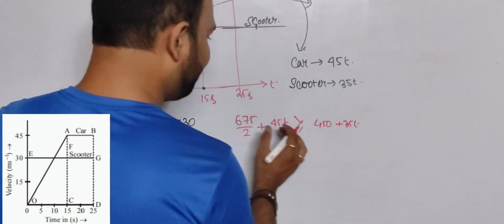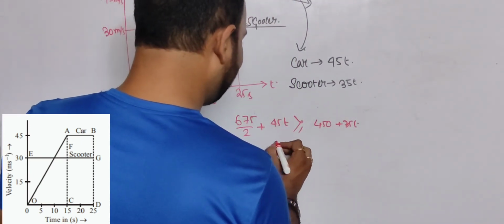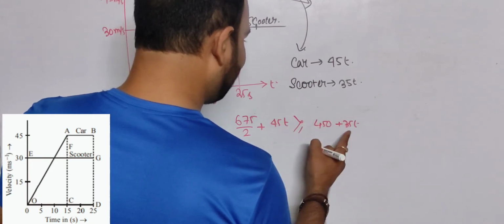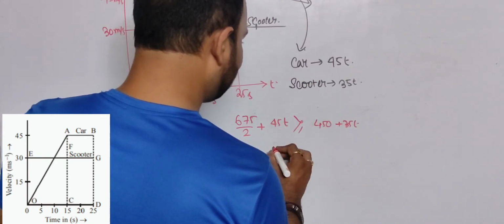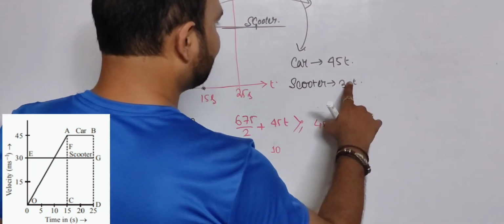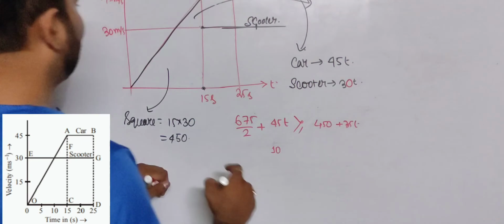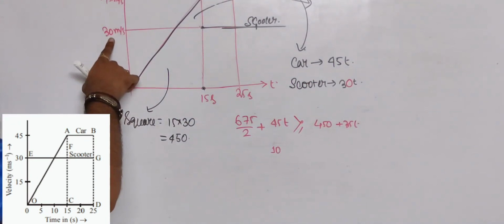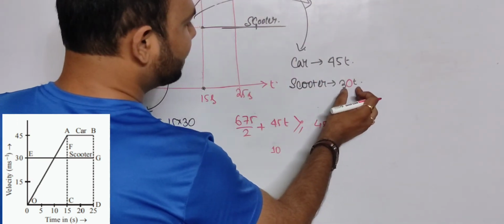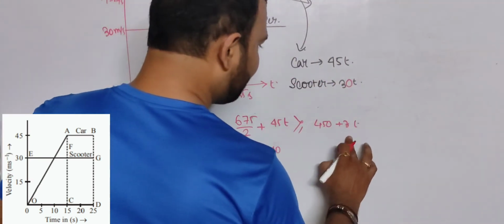Again, if we simply move this, what will we get? I made a mistake over here: 30 meters per second. So the distance covered in t seconds is 30 into t.